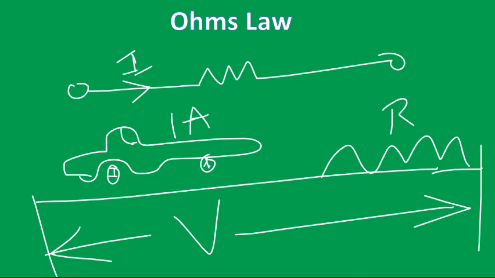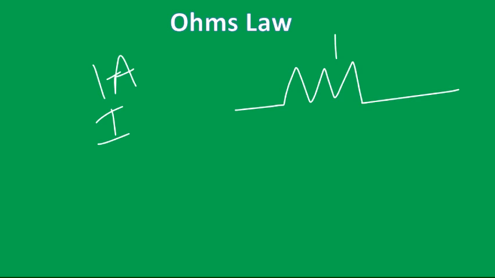So we say 1 amp as the charge, and let us say we don't know the resistance R. The car is speedily moved on the road with some speed, and that is nothing but 2 volts.